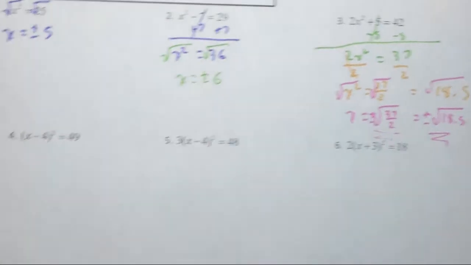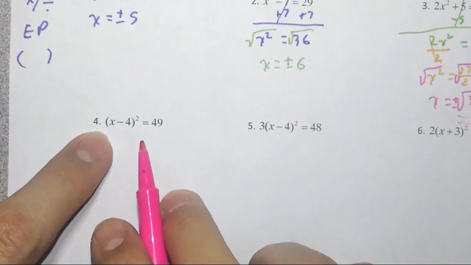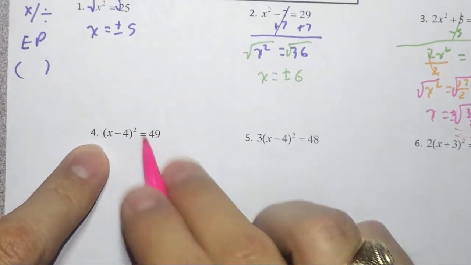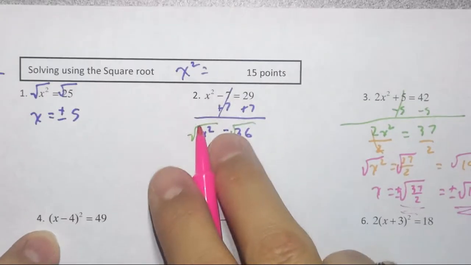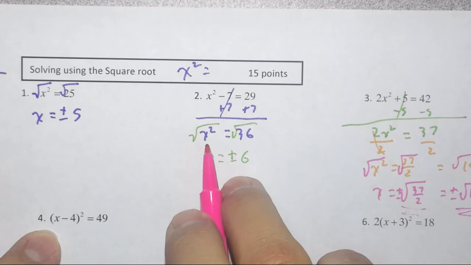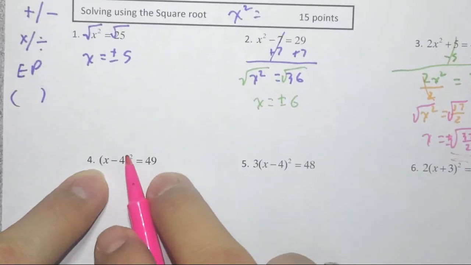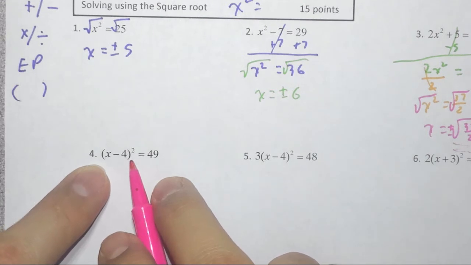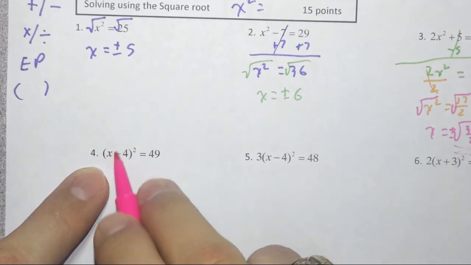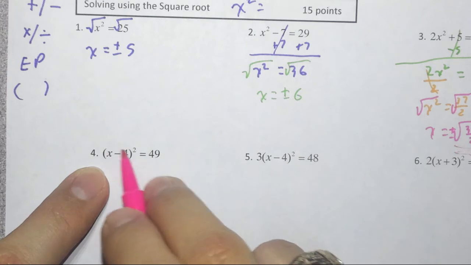Now let's look at number 4. Number 4 has these evil looking parentheses on here. Whenever you have the parentheses in these, what you're going to want to do, instead of getting the x squared by itself on one side, you're going to want to get the parentheses by themselves on one side, just like you did the x before. So we have the parentheses on one side already.